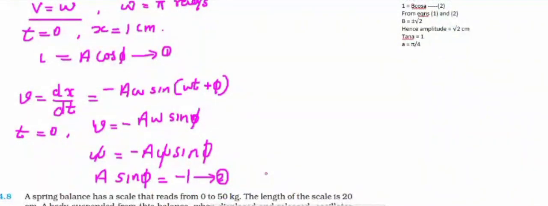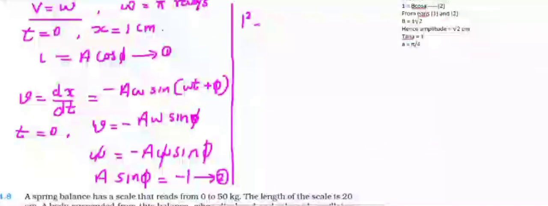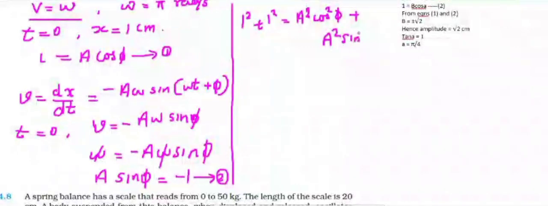Now what do you have to do? Equation 1 and 2, as usual, we have to square and add. So you will get 1 square, here minus 1 square will come. Minus 1 square is again 1. So 1 plus 1 is equal to a square cos square phi plus a square sine square phi, which is 2.